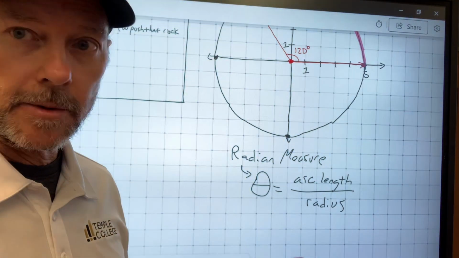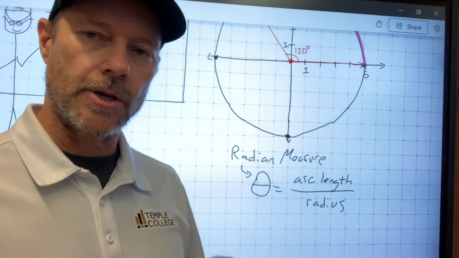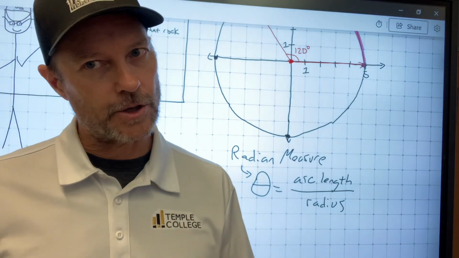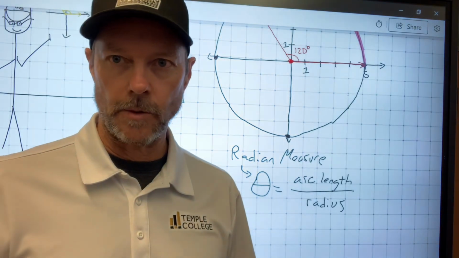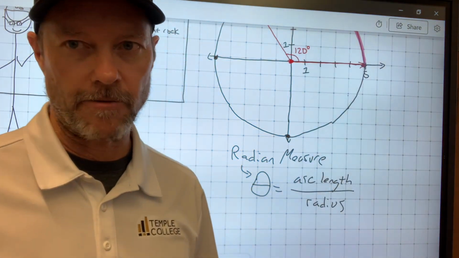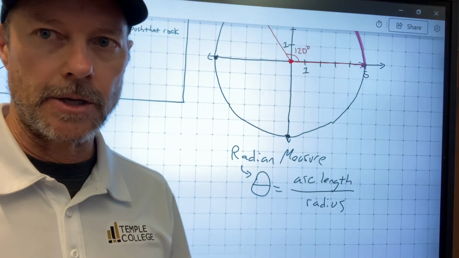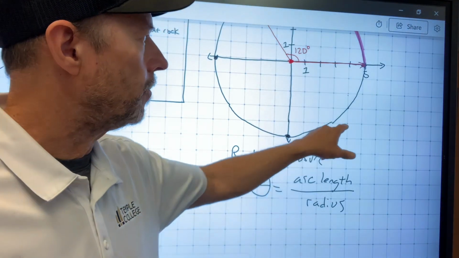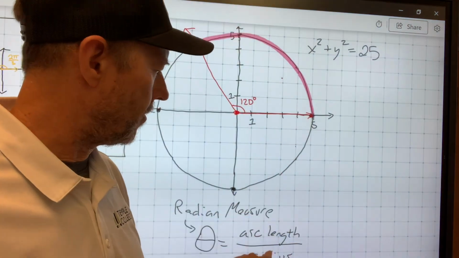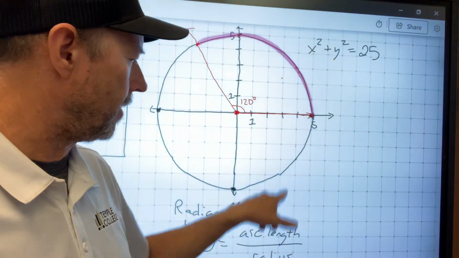And what we want to be able to do at the end of this video is convert a measurement like 120 degrees to radians. We want to convert to a different unit of measurement for the angle from degrees to radians using this definition. So we first have to have the arc length and the radius.